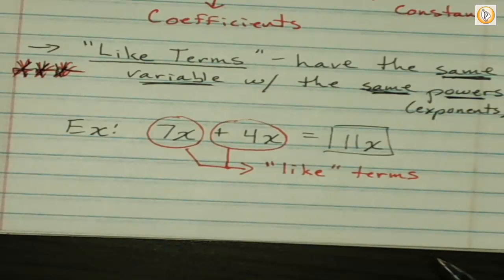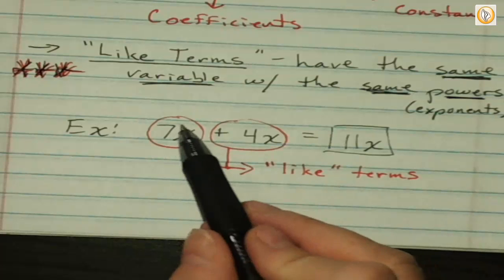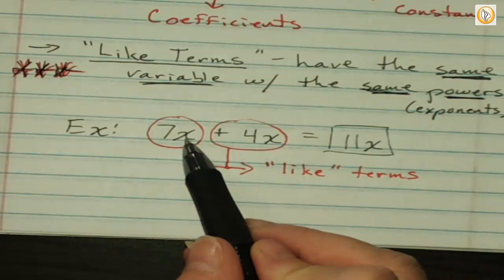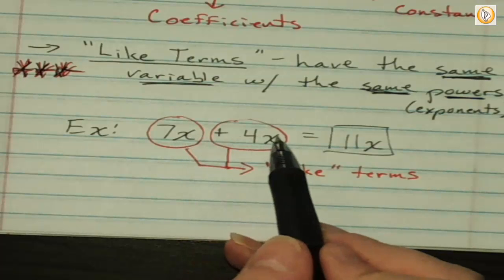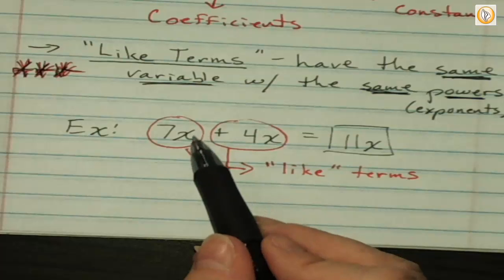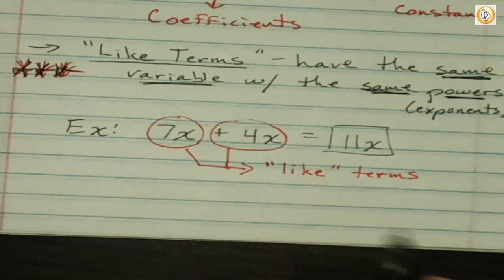So 7x plus 4x is 11x. These can be combined because they both have just an x, and the x's have the same powers. It's a 1 because there's nothing there.